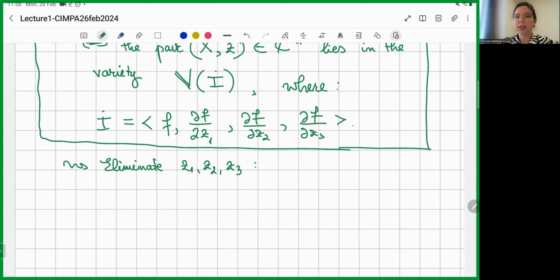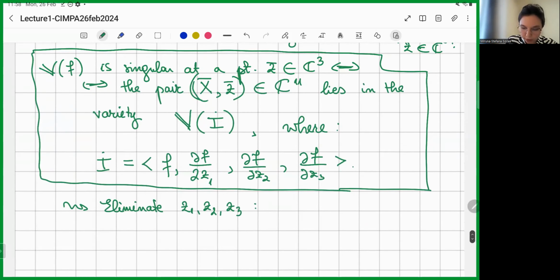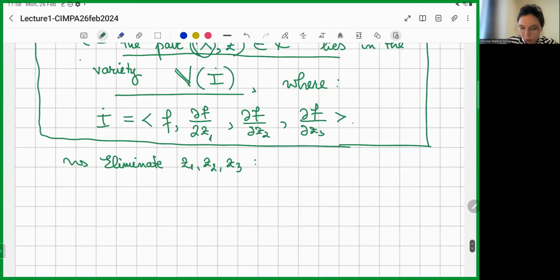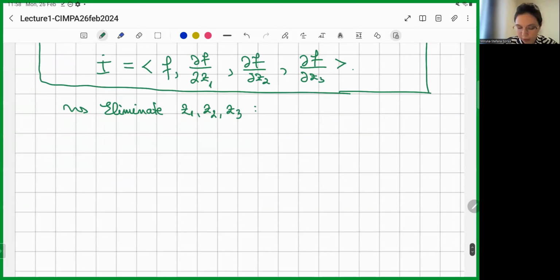You can think of it as an existential question, in terms of quantifier elimination: for which x does there exist a z that satisfies the fact that the pair lies in this variety. So what we do, and we'll see this more theoretically soon, is that we eliminate z1, z2, z3.